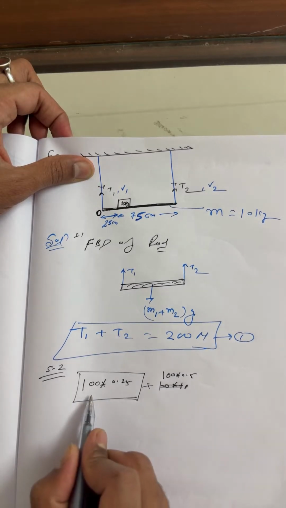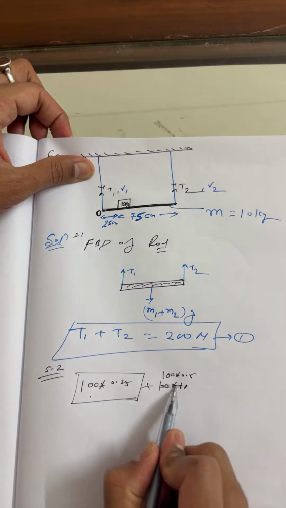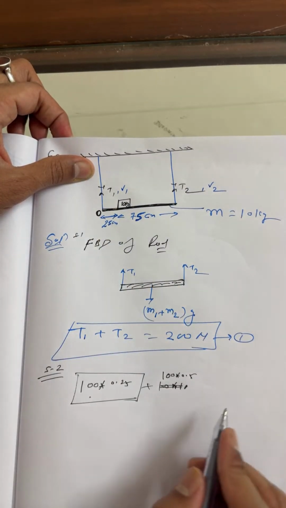Again I'm repeating: this is the torque due to the mass of block m, and this is the torque due to the rod.